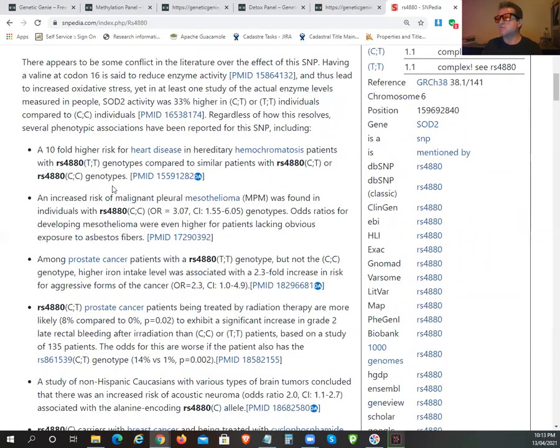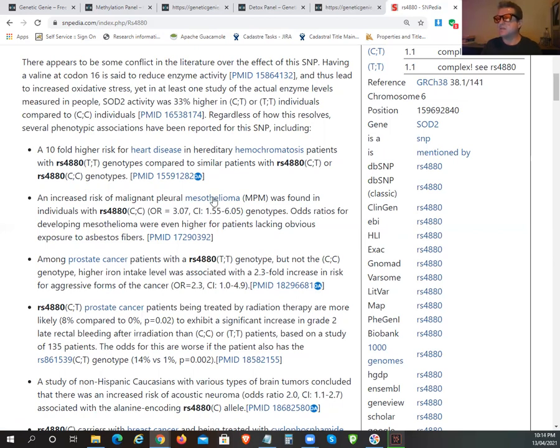And I'll give you an example of this. A 10-fold higher risk for heart disease in hereditary hemochromatosis patients with TT. So you've got to have the other hemochromatosis type thing, and then if you've got a TT, and similar for CT.